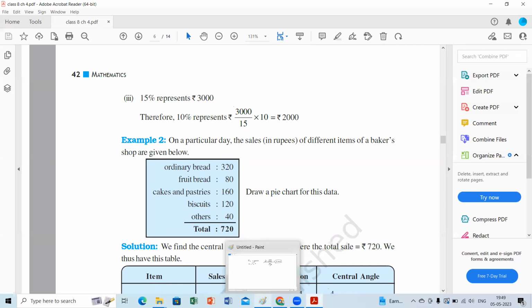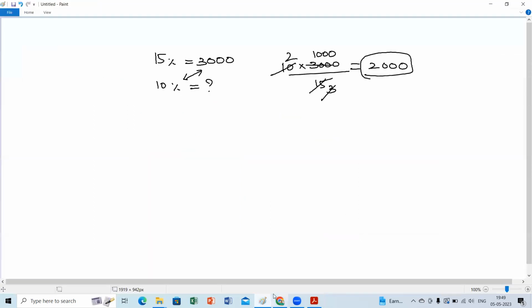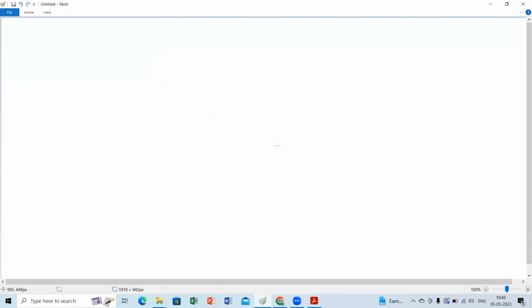You should multiply with the 360. The same way we are constructing the table, because the complete angle at the center of a circle is 360 degrees. This should be kept in your mind.